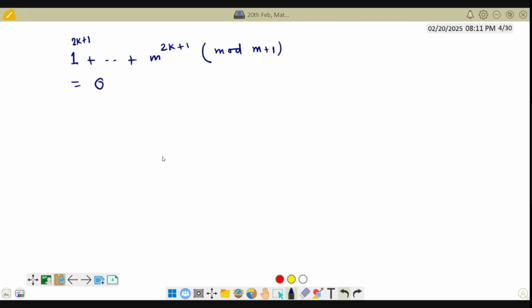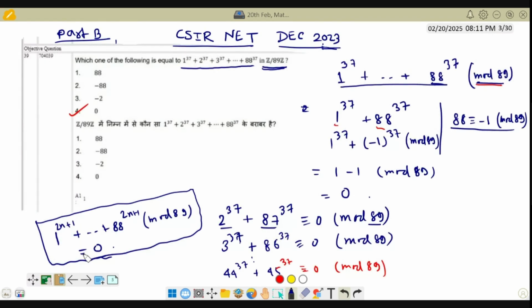Even in recent times, they have asked many number theory type questions in CSIR NET. From group theory, they will ask 1 or 2 questions, but the rest 2-3 questions will be from number theory. After COVID, in the first exam in 22, that year they asked 3 or 4 questions from number theory.